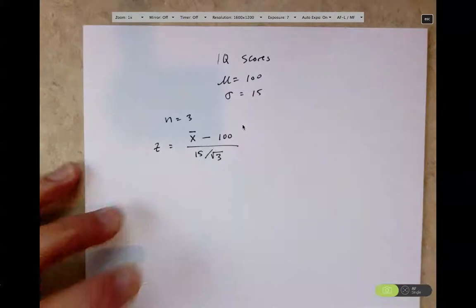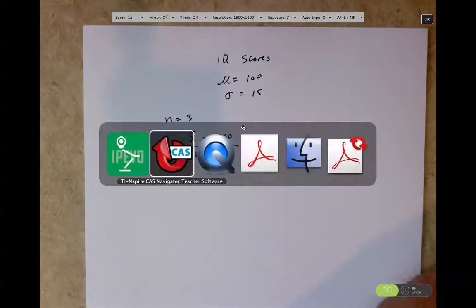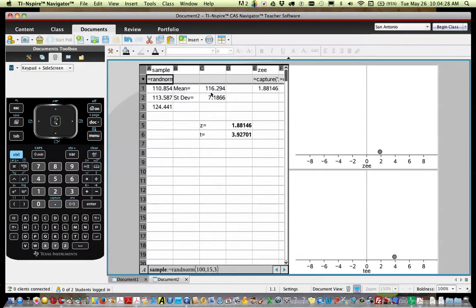And if I go back to that software, I got a z-score of 1.88. If you take 116 minus 100 and divide that by 15 over the square root of 3, you're going to get 1.88. These 3 kids right here have a z-score of 1.88. Their average IQ is 1.88 standard deviations above the mean for all samples of size 3.